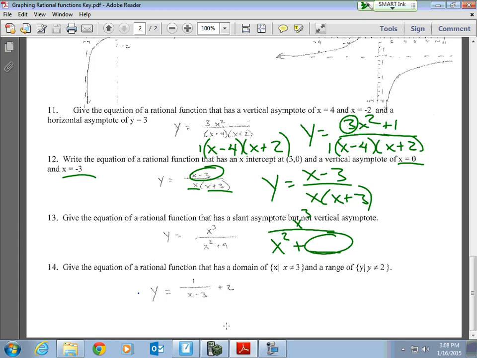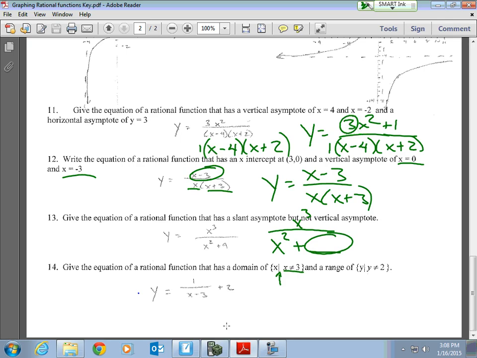Okay, question 14. Give the equation of a rational function that has a domain of all x. You read this by saying all x, so that little line right there means all x so that x is not 3. X can't be 3.